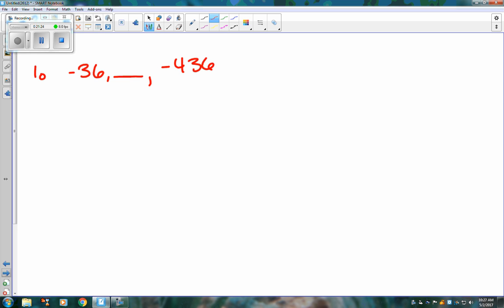Is my number increasing or decreasing? So am I adding or subtracting? So I'm subtracting the same number every time. Ariana, what'd you get? Not 200. Oh, you're subtracting 200.